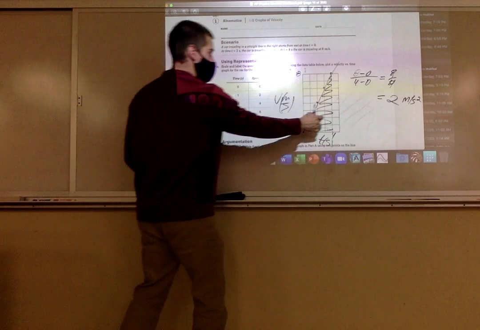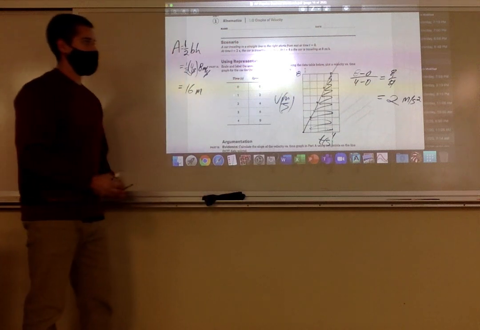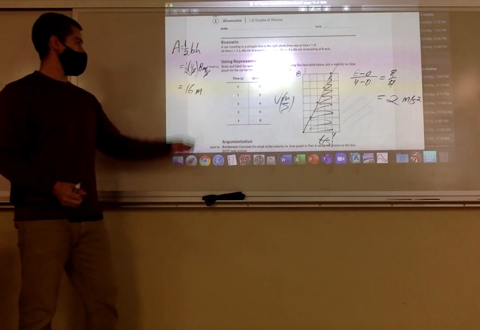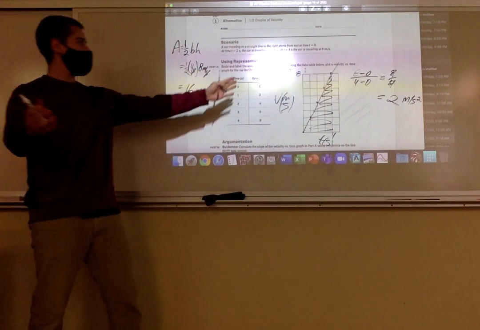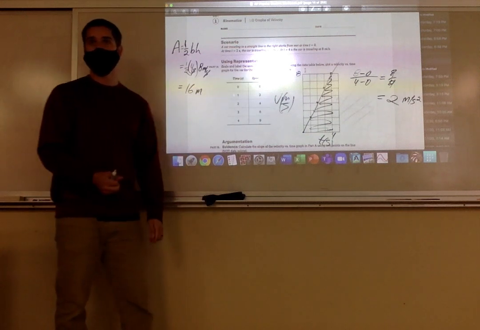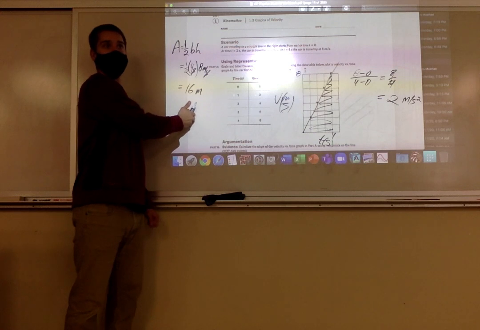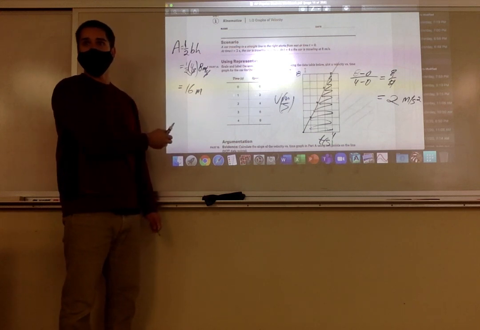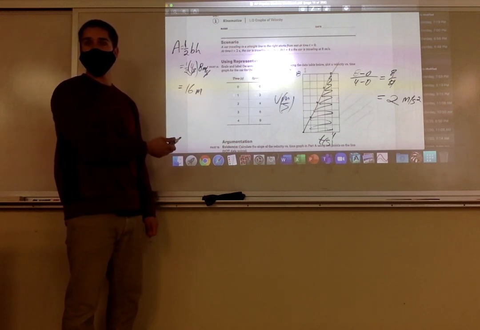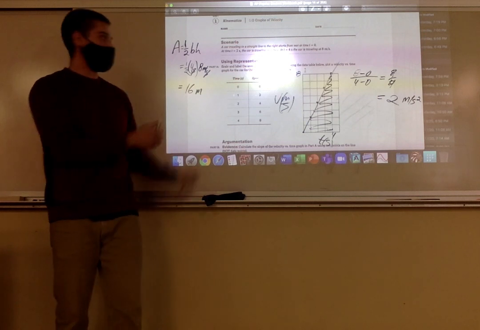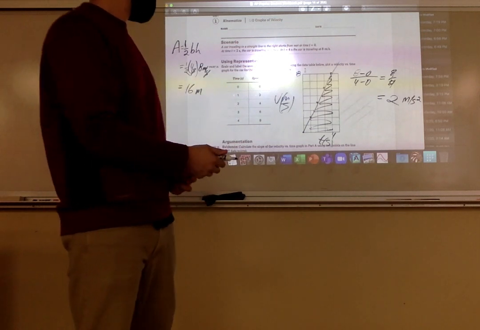So I can say from this object, the total displacement was 16 meters. It's just the area under the velocity time graph. Your units will work out. You say, oh, yep, that's a distance. I did the math right. Right? So that was kind of the big lesson learned, or the big understanding to take away.